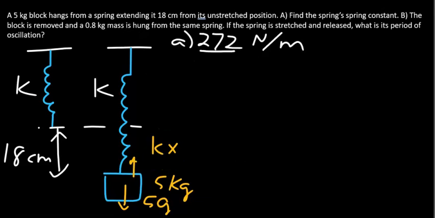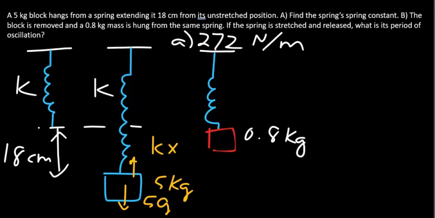And then what do you do? You take the same spring, but now you replace the weight. Instead of 5 kg, you take that out and you replace it with 0.8 kg mass. And then you stretch it and let it oscillate. The spring constant is known to be 272 from part A. What you want to determine is the period of oscillation.